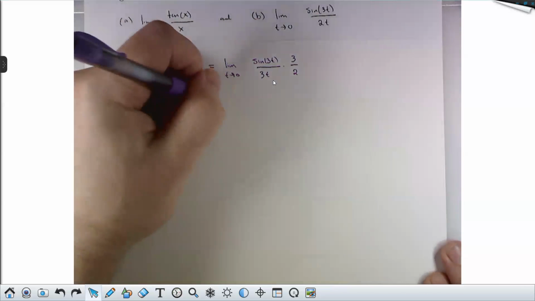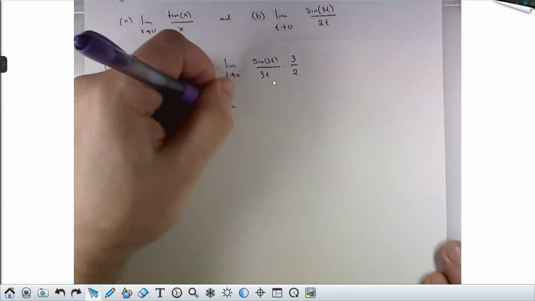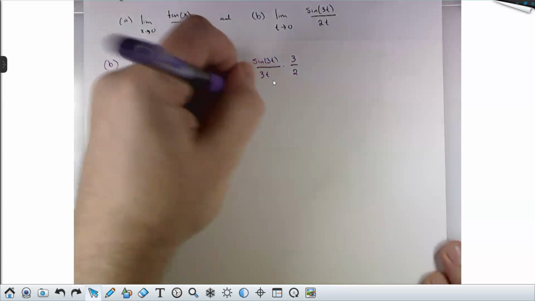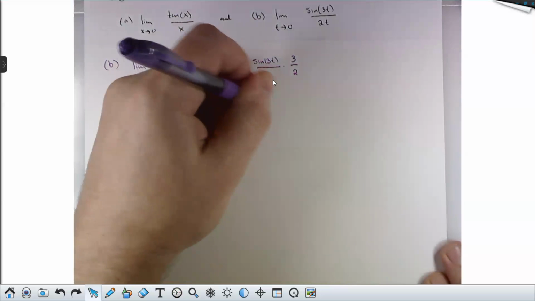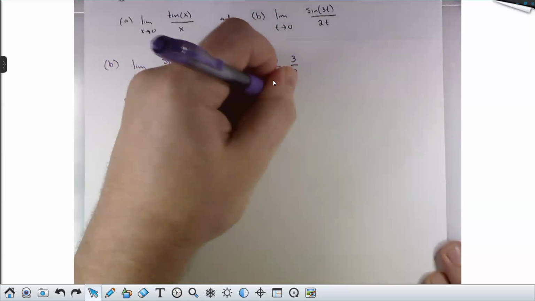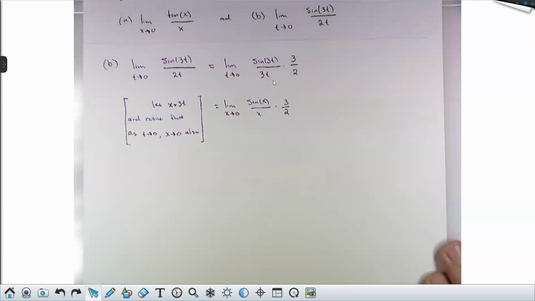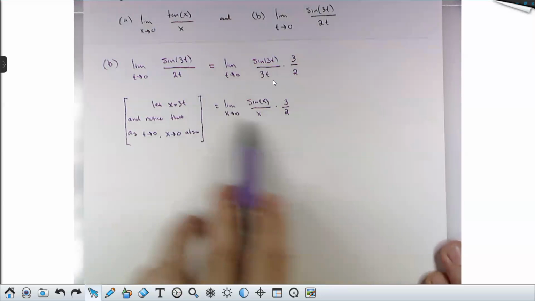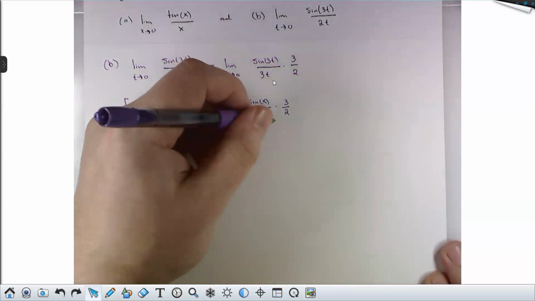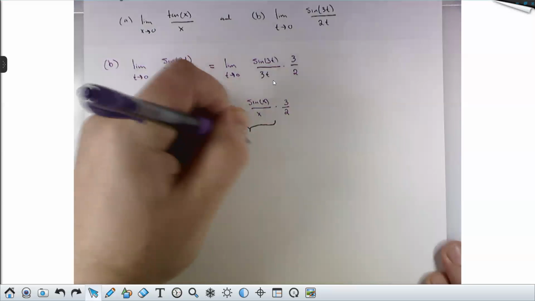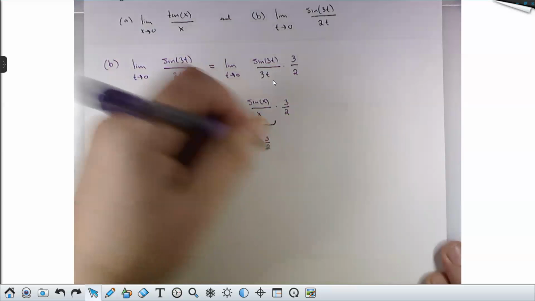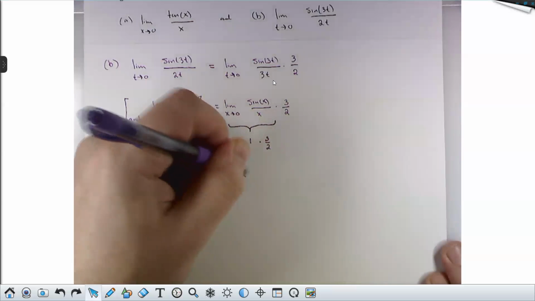So I can rewrite this as the limit as x goes to 0 of sine x over x times 3/2. So once you have the same thing down here as you have up here, you can make a little substitution like this, and that piece will be known, right? This piece is equal to 1. So this is 1 times 3/2, which is just 3/2.